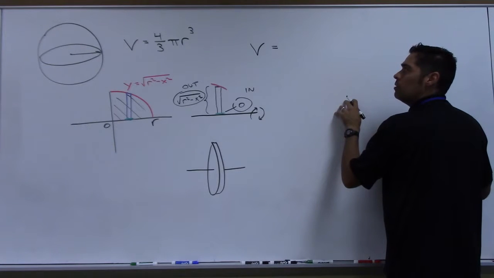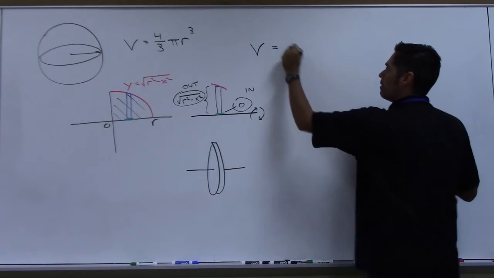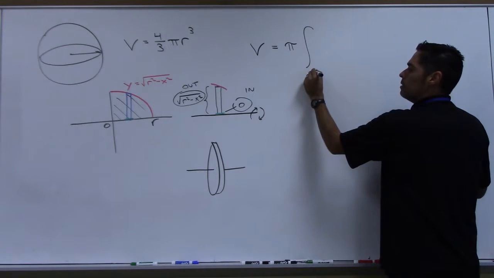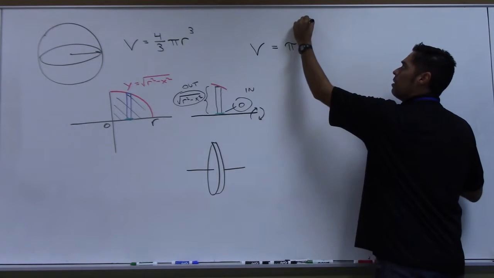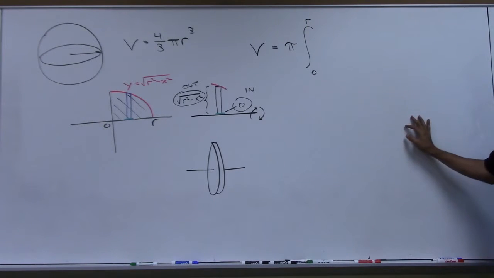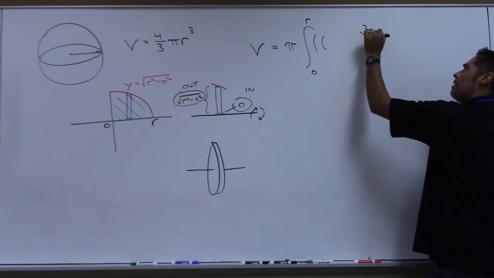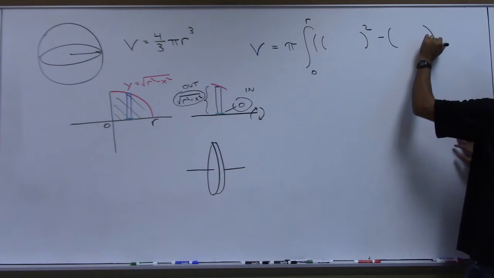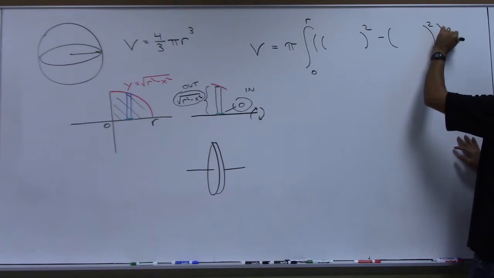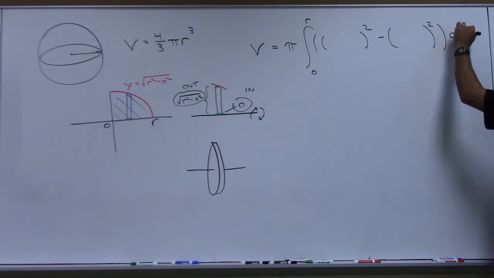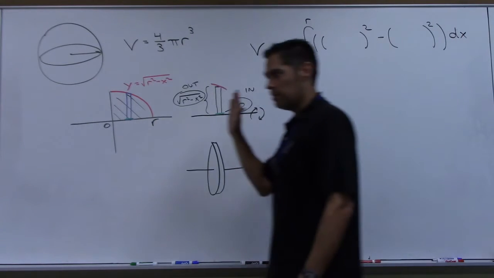Pi, then the integral from 0 to r, and then the outer one squared minus the inner one squared. D what for us? Dx, because I oriented my rectangle vertically.